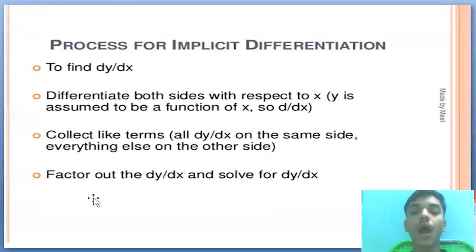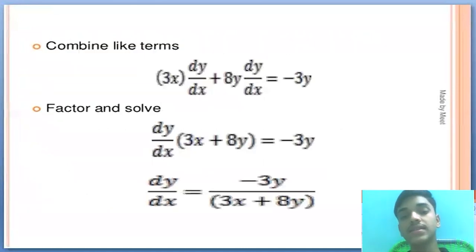Then factor out dy by dx to solve for dy by dx. If we combine like terms, it will be given like this. Here it is dy by dx and here it is dy by dx, so we have to combine them both.